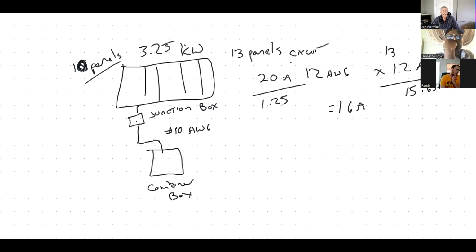So then from here, from the combiner box, where would we go? What would be our next piece of equipment? Disconnect. Yeah, AC disconnect. So this is going to be your AC disconnect. Where does that AC disconnect have to be located?